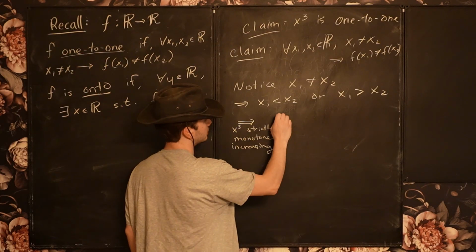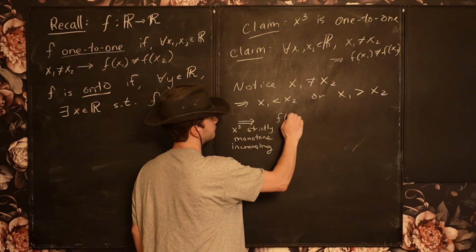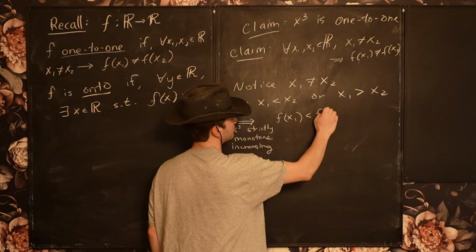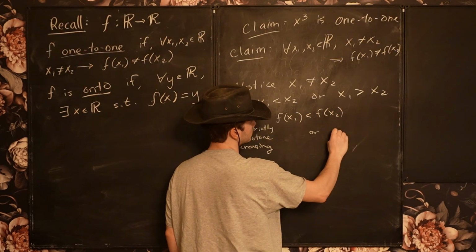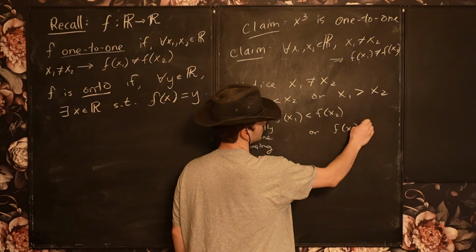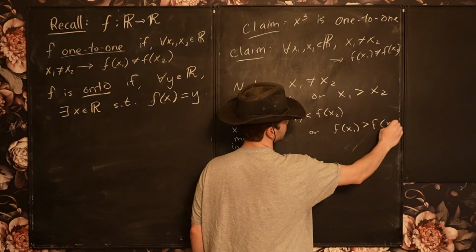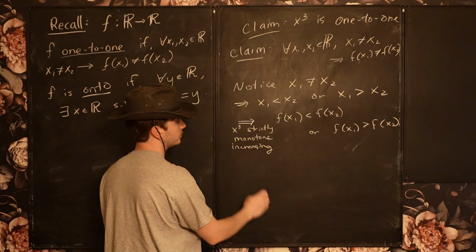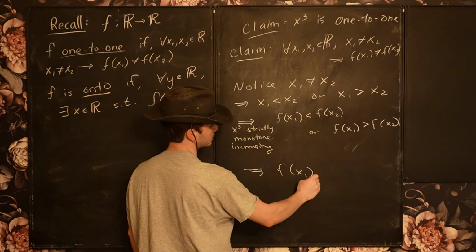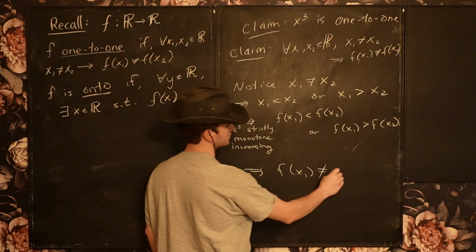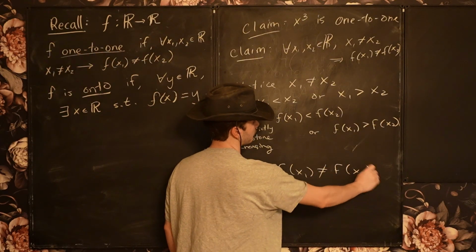This will tell me that f of x1 is strictly less than f of x2, or f of x1 is strictly greater than f of x2, which is equivalent to saying that f of x1 is not equal to f of x2.